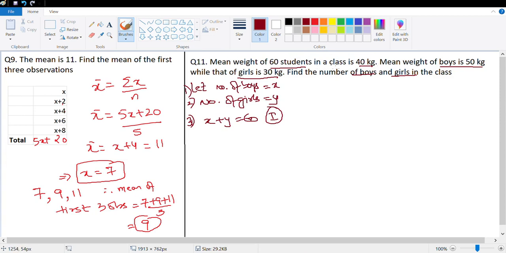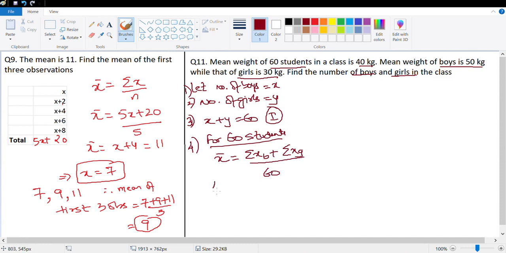Mean of 60 students is 40 kilogram, which means for 60 students, mean is equal to the sum of weight of boys plus sum of weight of girls upon 60. Right? That's the total number of students.